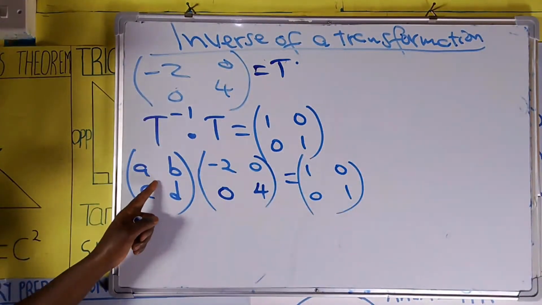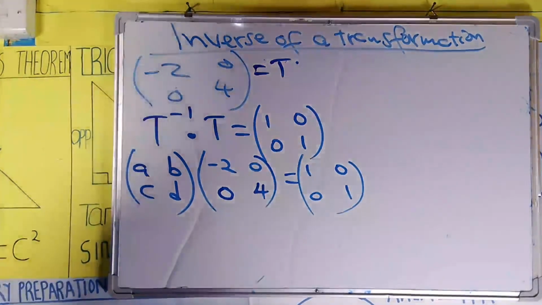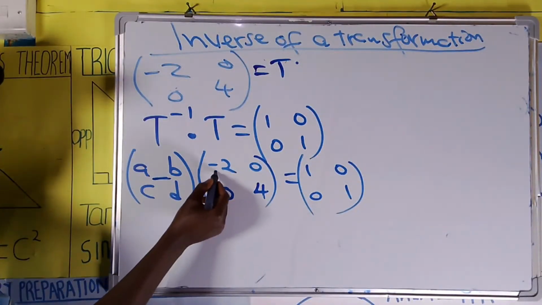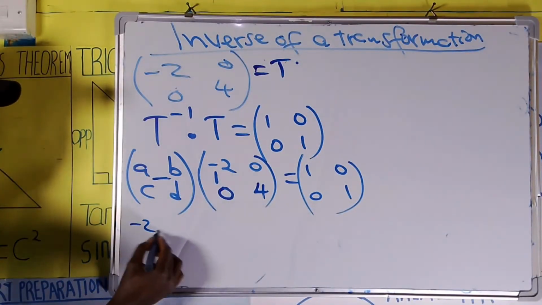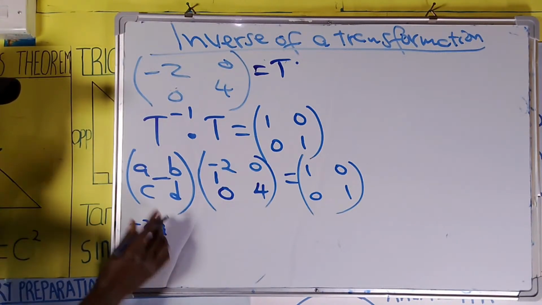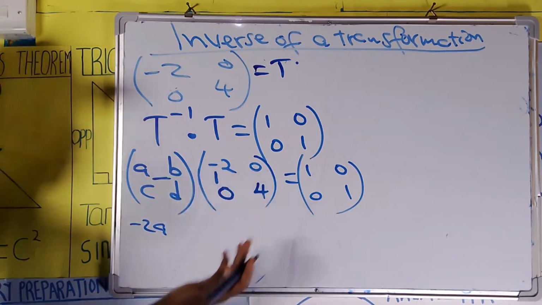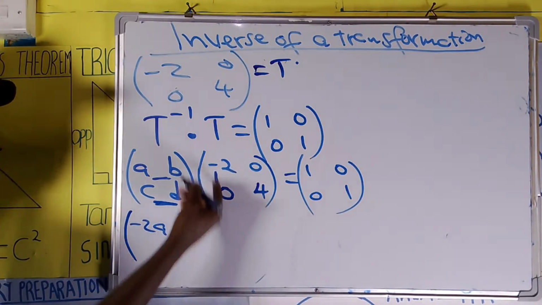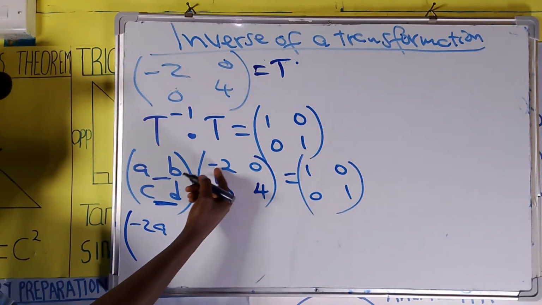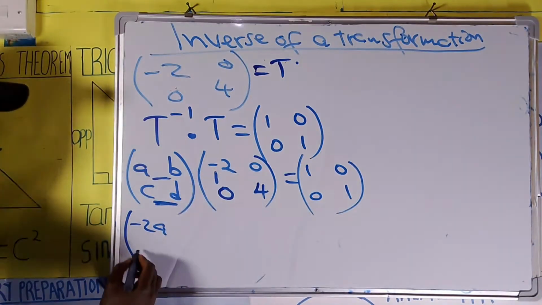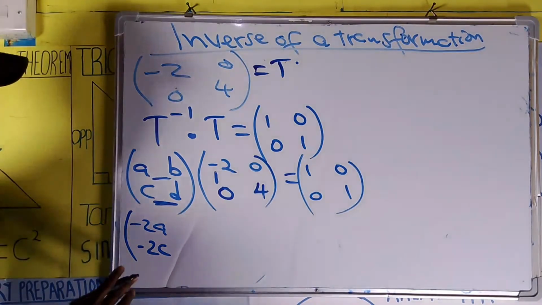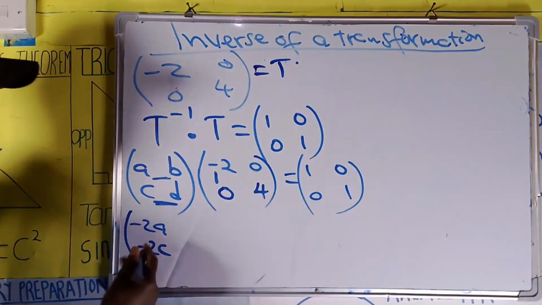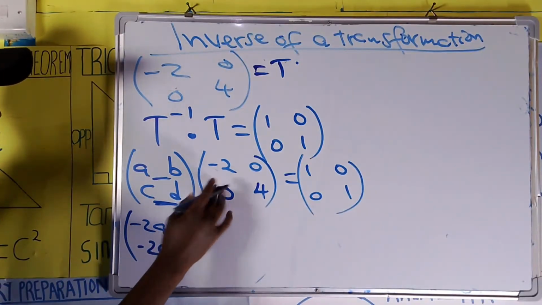So tutafute hii inverse. Tunachukua hii tuna multiply na hii. So a times negative 2 is negative 2a plus b times 0 is 0. C times negative 2 is negative 2c, d times 0 is 0.